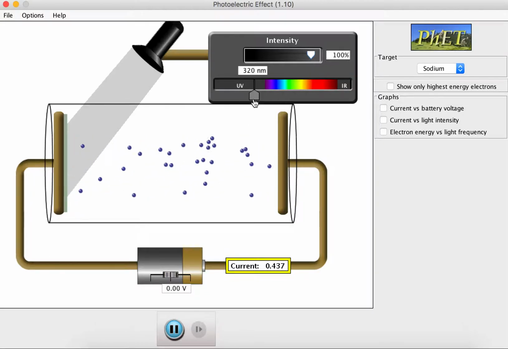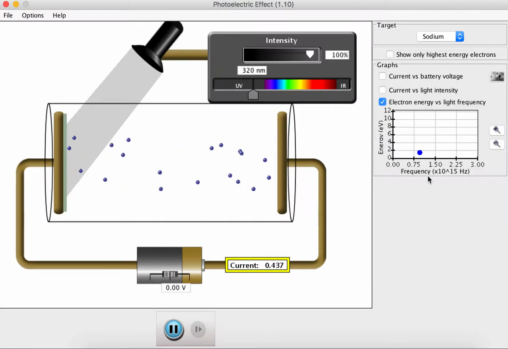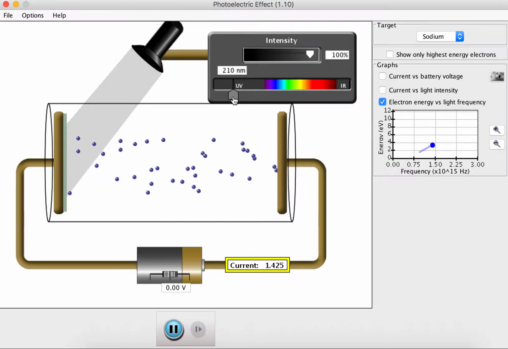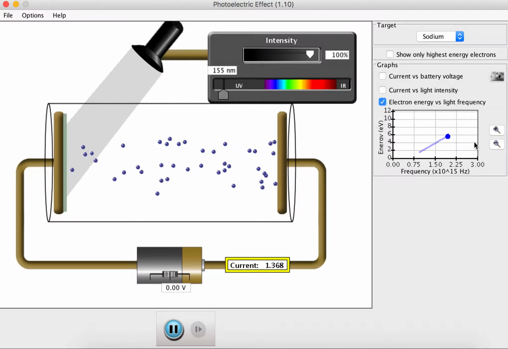So the energy of light is proportional to its frequency. And we can see here a graph of the energy of the electrons that are ejected as a function of the frequency of the light that we're shining. So as we increase the energy of the light by increasing its frequency, we can see we're also increasing the energy of the electrons that are exiting the material.